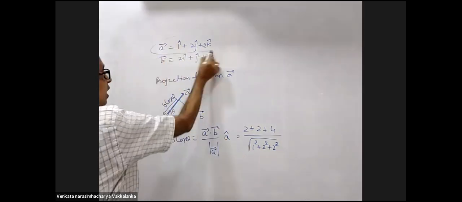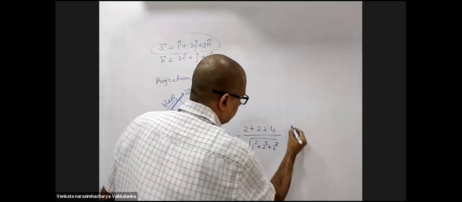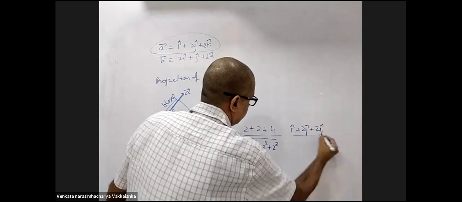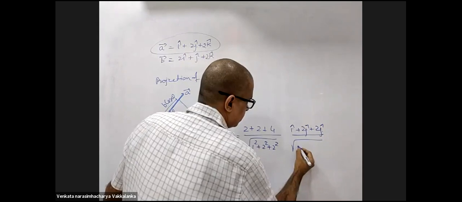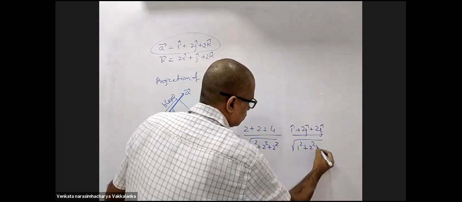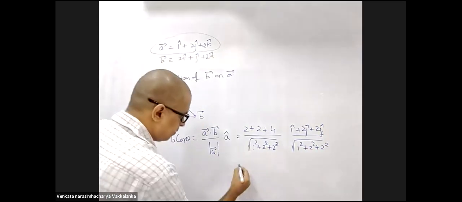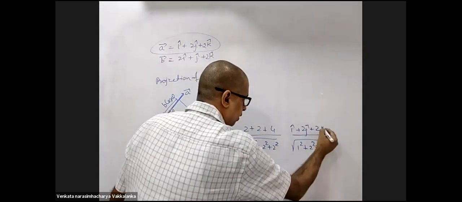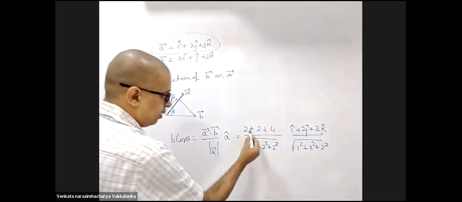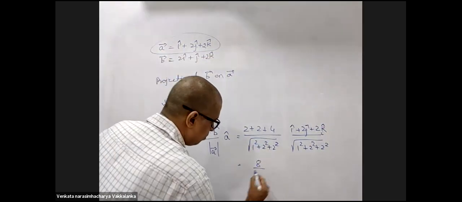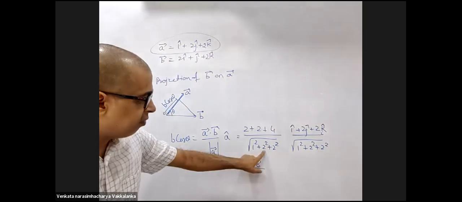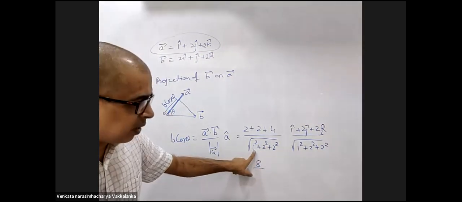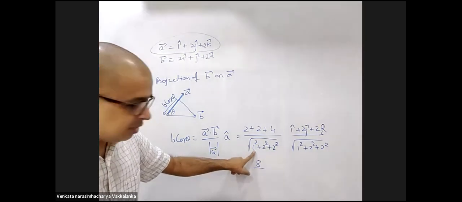into A cap. How do I get A cap? Vector A divided by its magnitude, 1 square plus 2 square plus 2 square. This will be 4 plus 4, 8, 8 plus 1, 9, right?